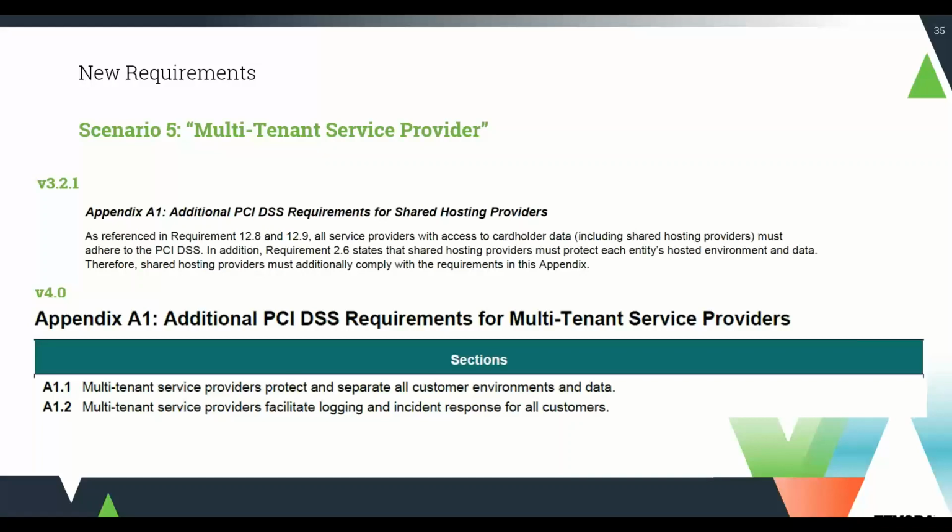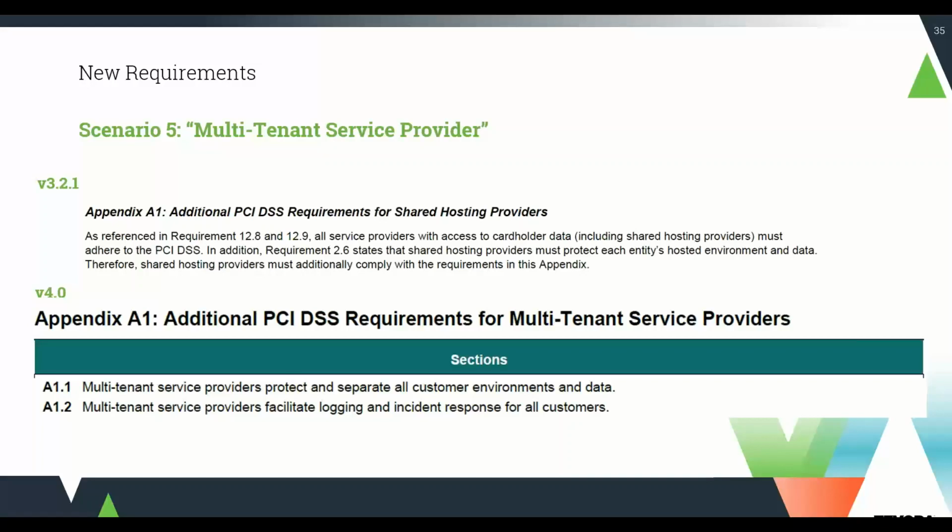A couple of the example organizations that the SSE provides are SaaS providers, e-commerce or shopping cart services, payment applications, data aggregation points that lead to connections to payment processors. So this is a significant change, especially for service providers.